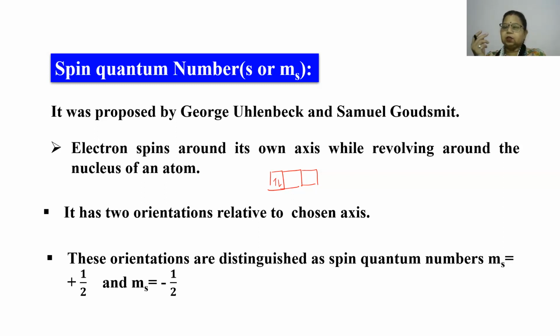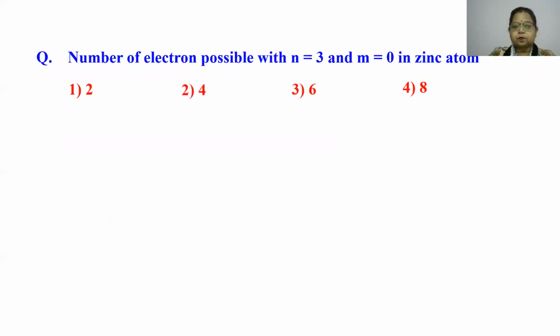The rest of the 3 quantum numbers can be obtained by solving the Schrodinger wave equation, but the spin quantum number is not calculated by solving it, right? Yes, ma'am.